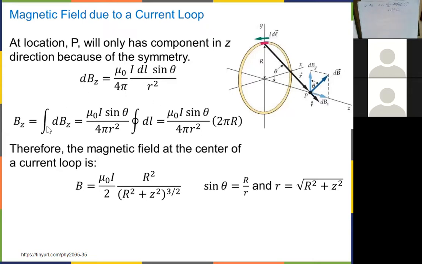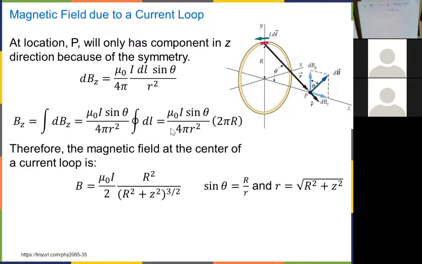Now you integrate through the ring. Because you are z away from here, theta is also a constant. So sine theta, I and mu naught are all before the integration, over 4 pi r squared, where r is this small r, also a fixed length around the circle.